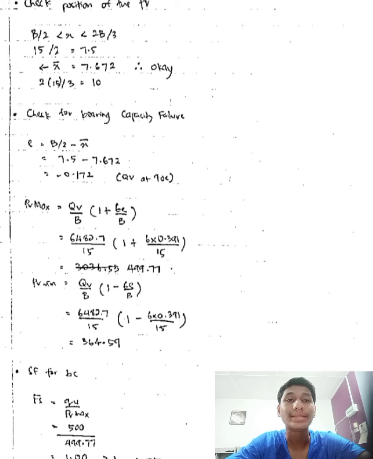The total is 334.59. And for Fs, QU per PV max, where 500 per 499.77. The total is 1.00, is more than 1, so it is okay.